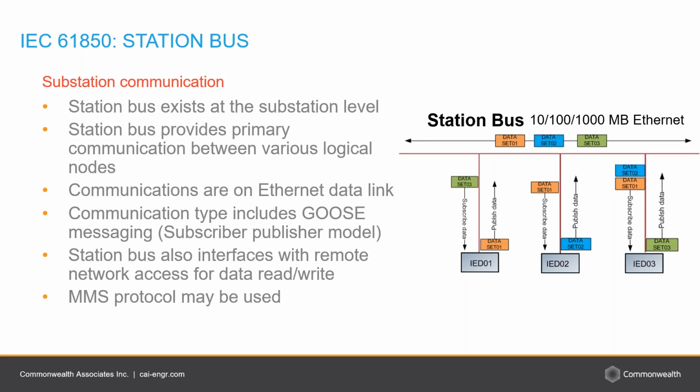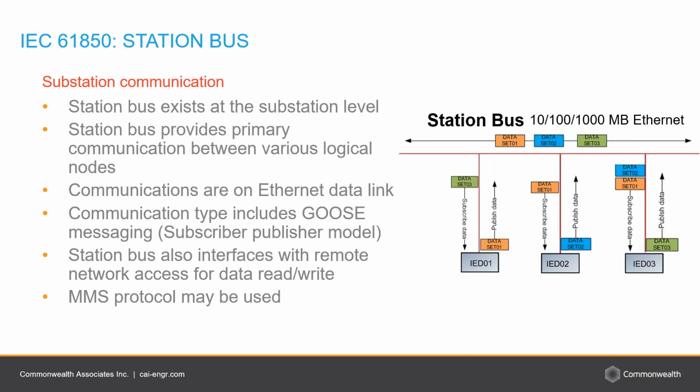Now, similar to a process bus, there's something called the station bus. The station bus exists at a substation level, and primary communications between IEDs, SCADA, and local HMI that might be on the network occurs on this bus. Similar to a process bus, the station bus is implemented by an Ethernet link, and they can have 1000 MB Ethernet switches.